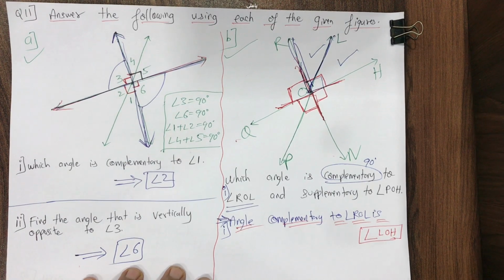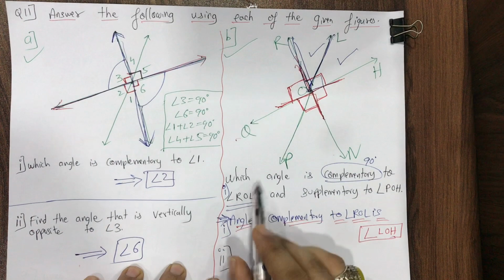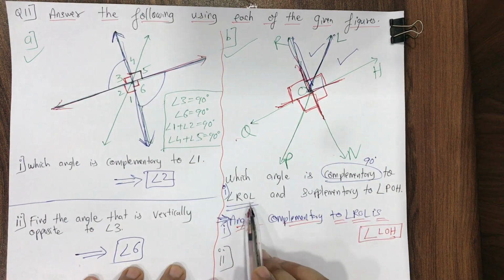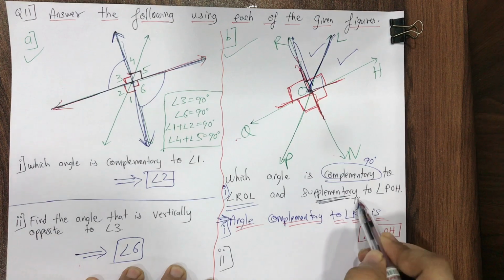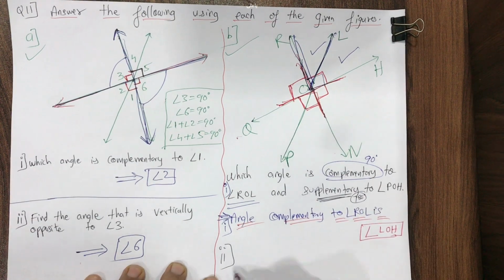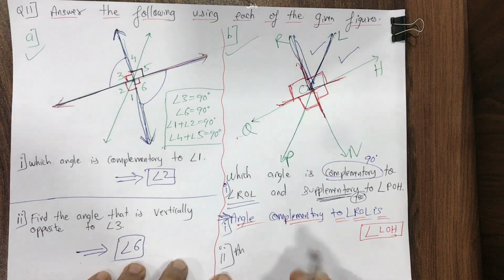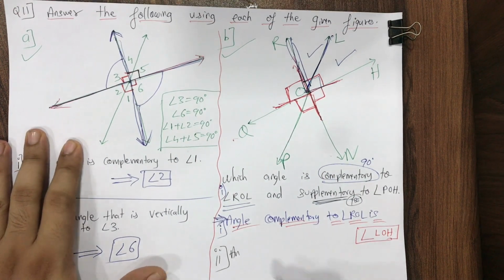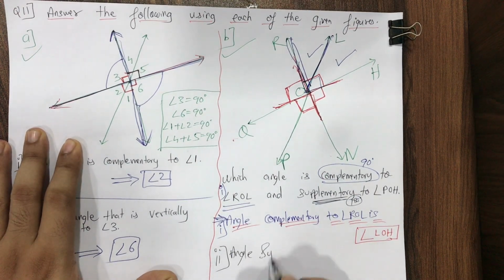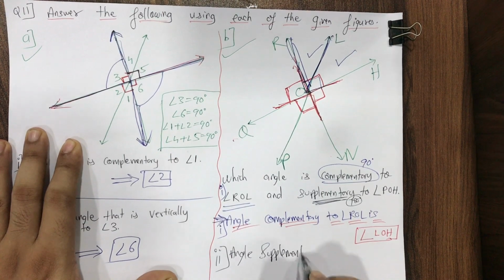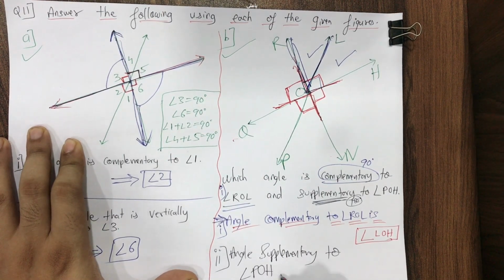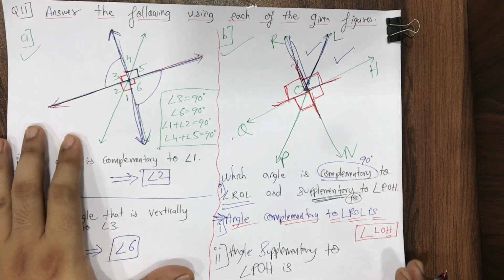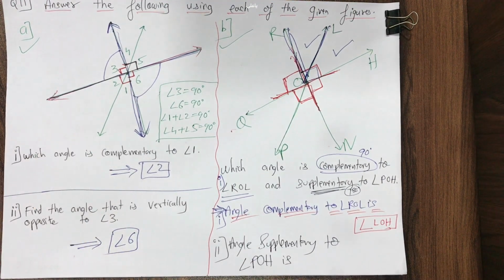Okay, next now, next part. Which angle is complementary to ROL and supplementary to POH? Now supplementary means 180 degree is the keyword. Okay, so please pay attention now, angle supplementary to angle POH.